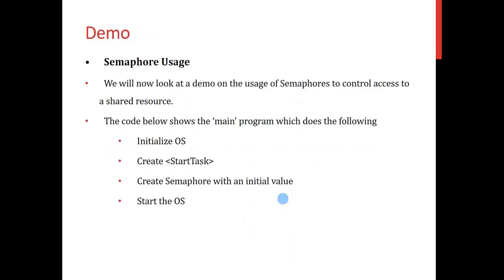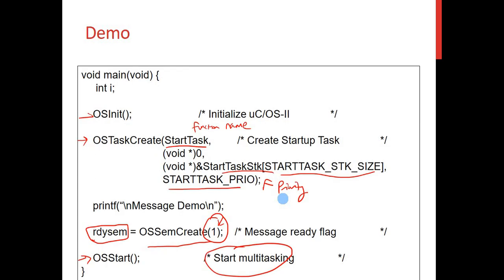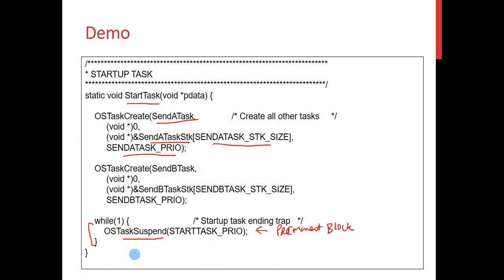Okay, so let's look at the demo code for the semaphore usage. In the demo code, you can see that I create a task and I create a semaphore. Once I start the OS, which is in here, OSStart, once this is executed, I will run my start task.